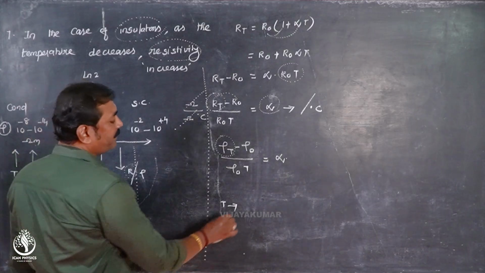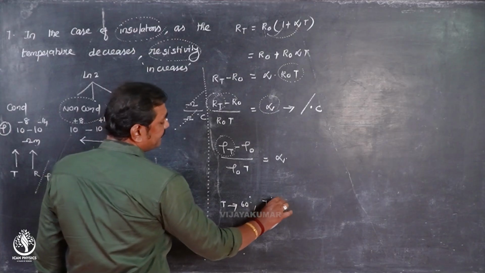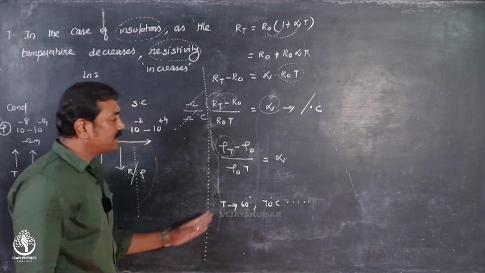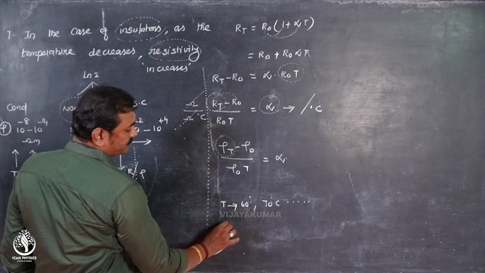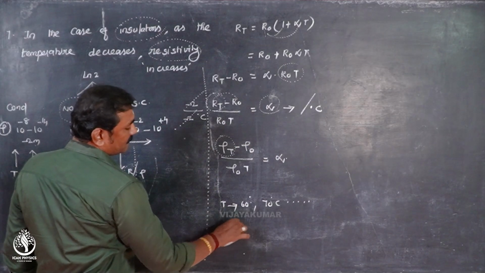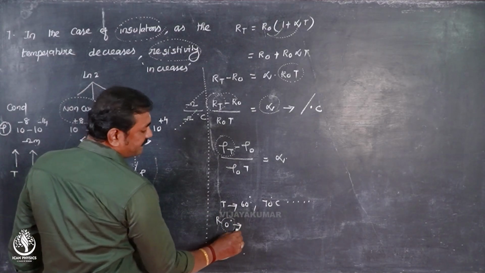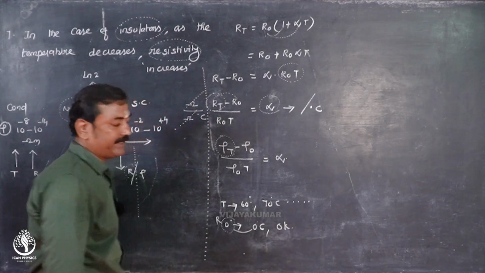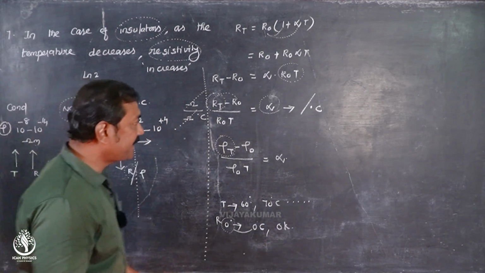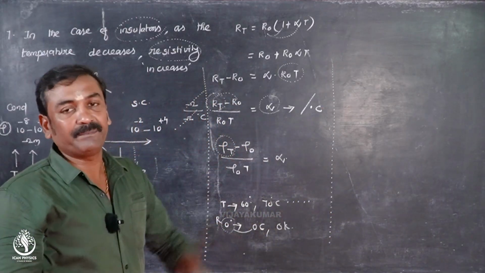The given temperature may be 600 degrees Celsius or 60 degrees Celsius or 70 degrees Celsius, whatever it may be. Then the R naught or rho naught, here the naught denotes 0 degree Celsius or 0 Kelvin.